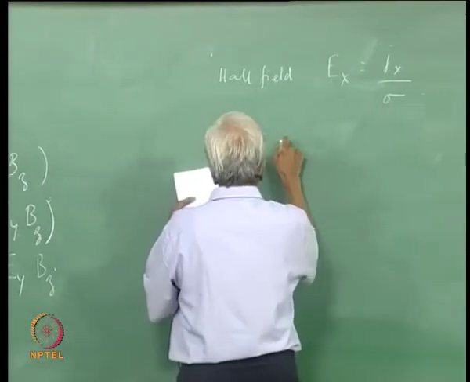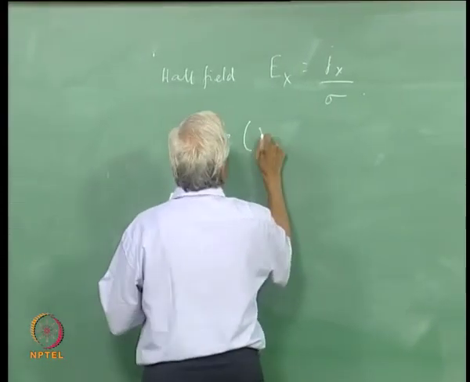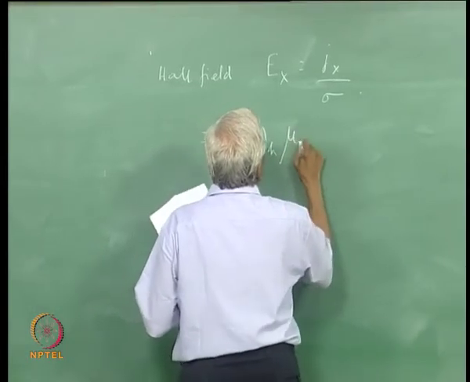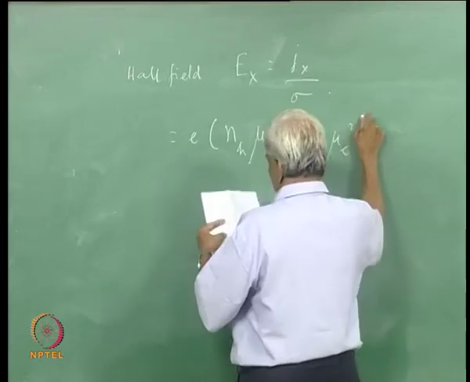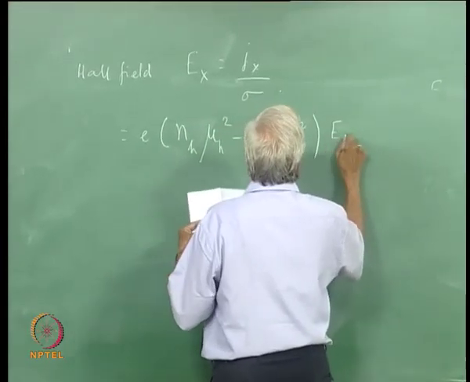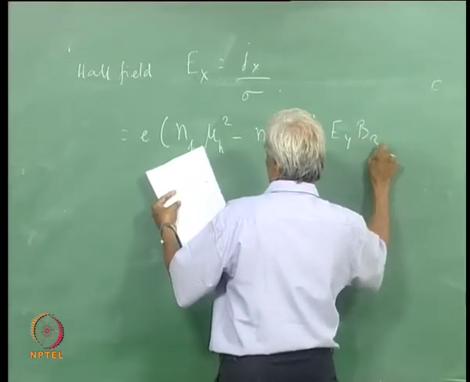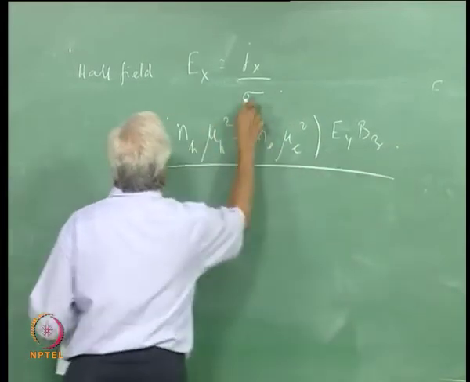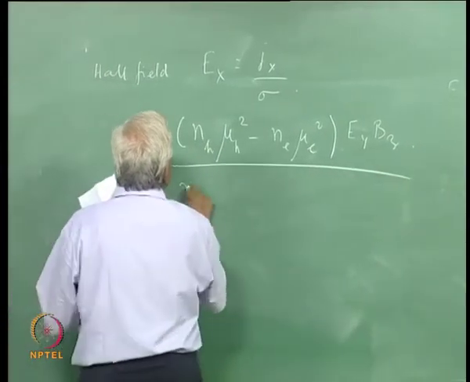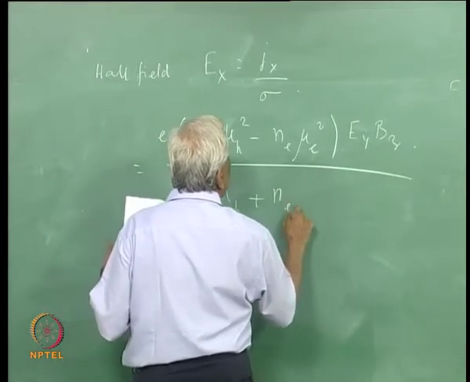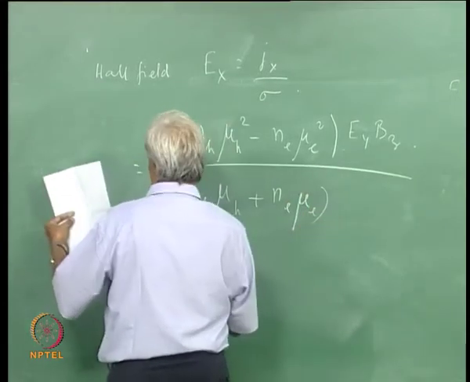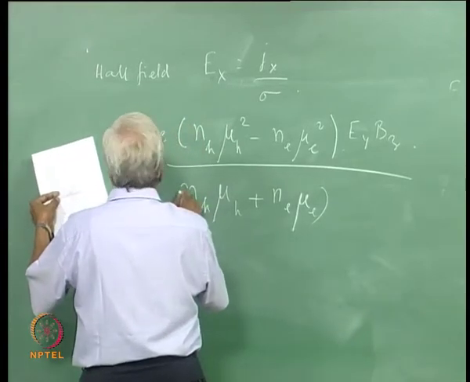Therefore, this will be e times, borrowing this expression, (N_h μ_h² − N_e μ_e²) E_y B_z divided by the conductivity, which is (N_h μ_h + N_e μ_e) times e.